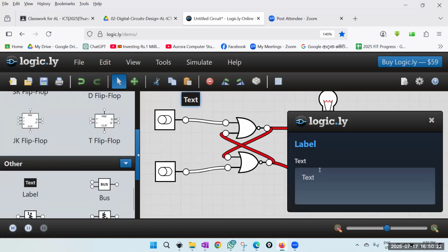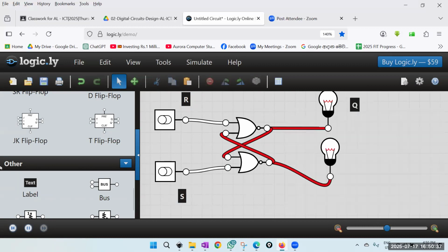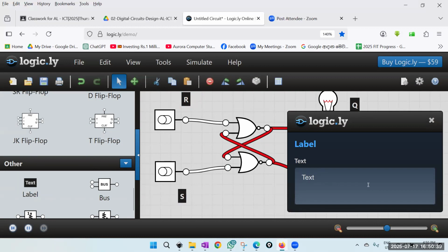This is my R, this is my S, this is my Q, and this is my Q dash.